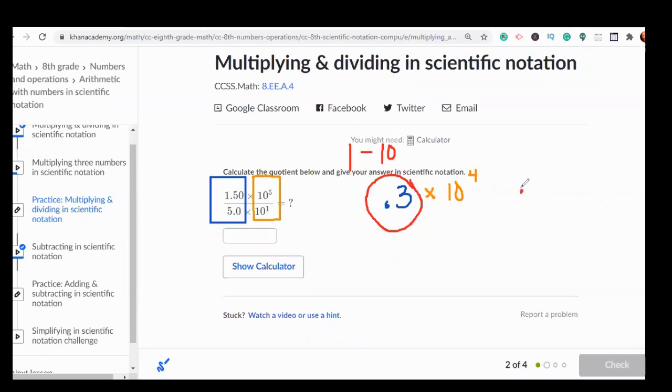So we're going to move the 0.3, we're going to move that decimal 4 places to the right. 1, 2, 3, 4. So really the number is 3,000. How do we change 3,000 from standard form into scientific notation? Well, we focused on the numbers that aren't 0, right?